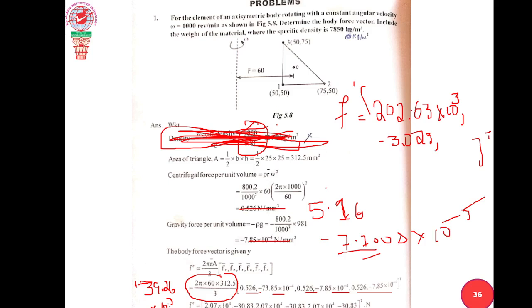Why? Because R bar into A becomes mm cube, and Fr and Fz are in Newton per mm cube. So mm cube by mm cube cancels. Finally, the unit you get is Newton.